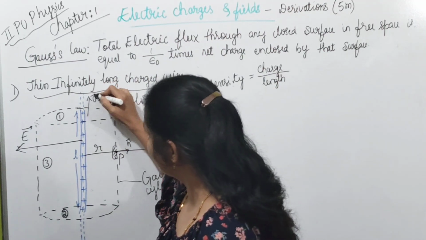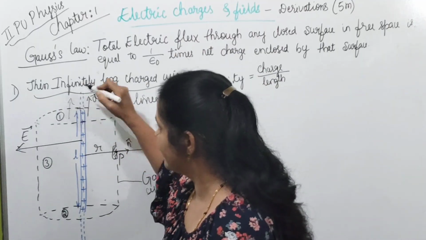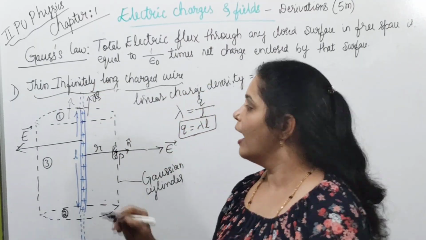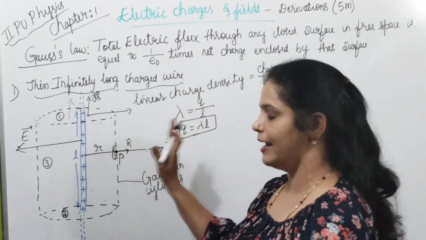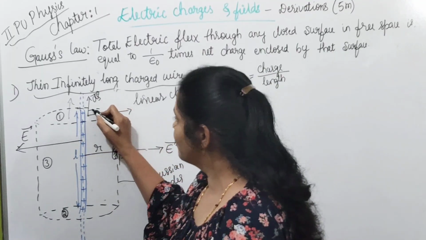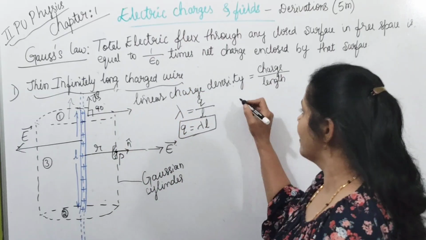If I consider the area as dS, it acts upward. This is the direction of area, and the electric field acts radially outward. What is the angle between them?